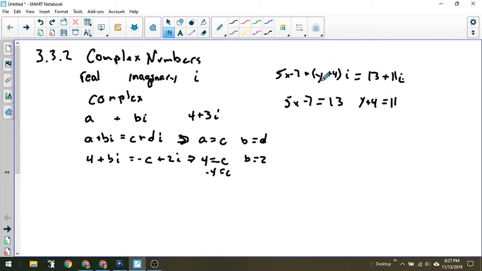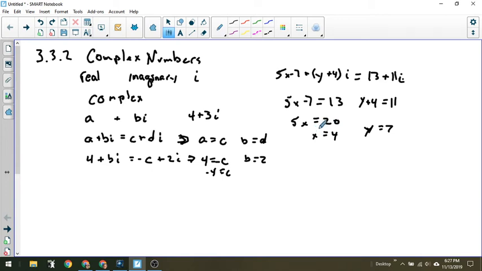So what I'm looking for are the values of x and y that make this equation true. Over here I get 5x equal to 20, x equal to 4, and y equal to 7. These values for x and y make this complex number equal to this complex number.